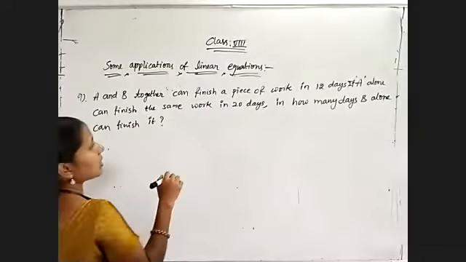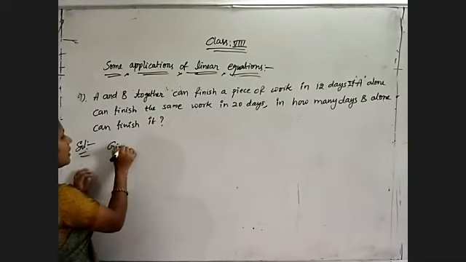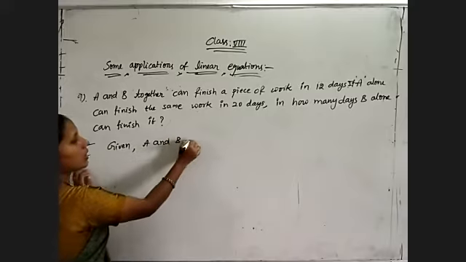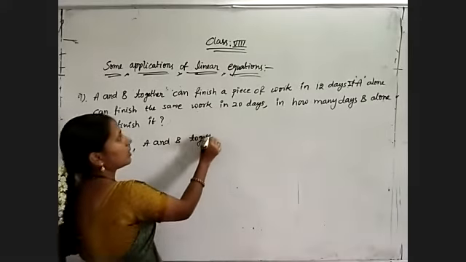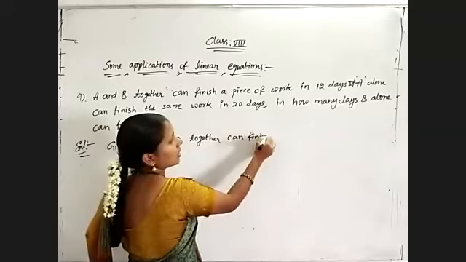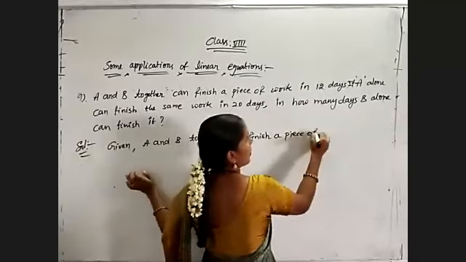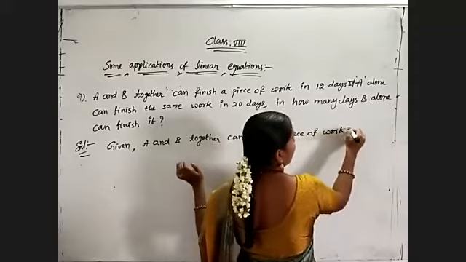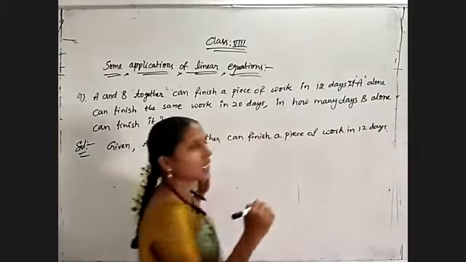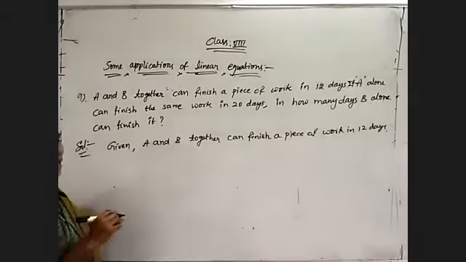Okay. So now what I am doing, given A and B together can finish a piece of work in 12 days. That means work done in 1 day together is 1 by 12. Okay.